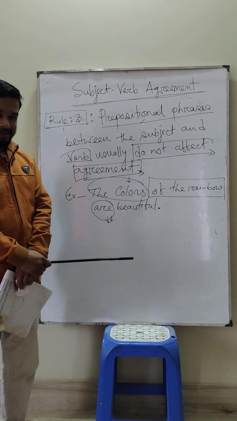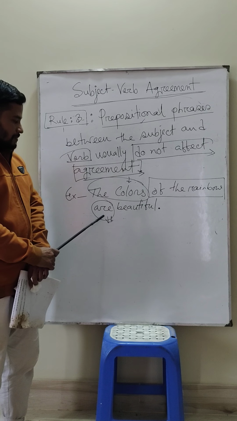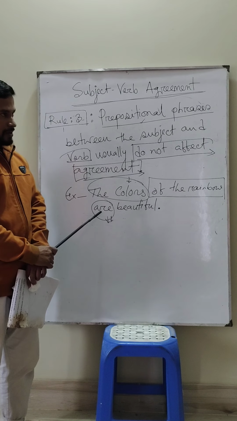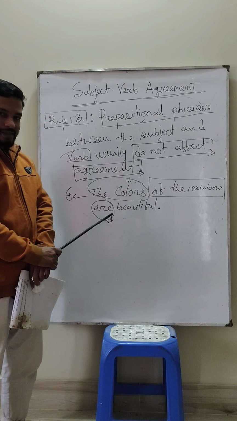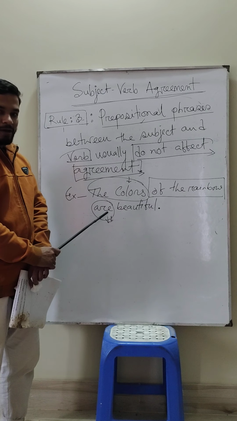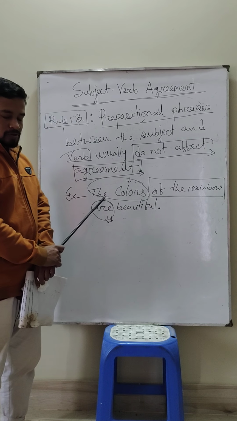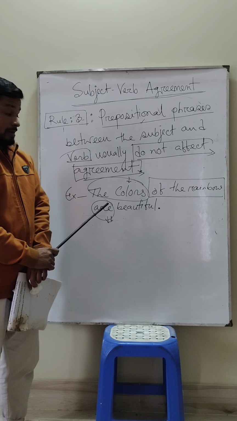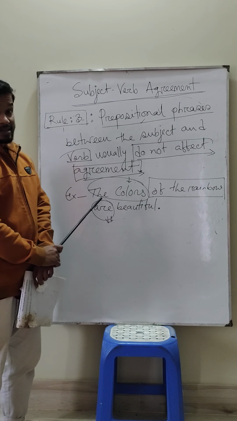Whenever we see the verb, whatever comes before the verb we can imagine is the subject. The whole phrase or words before the verb, we can say these are the subject.